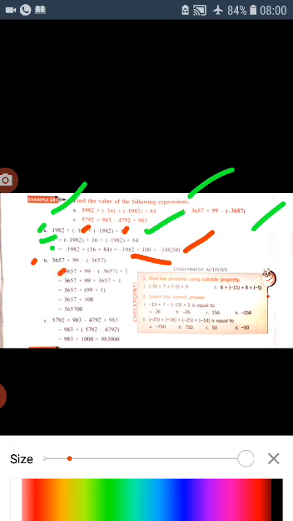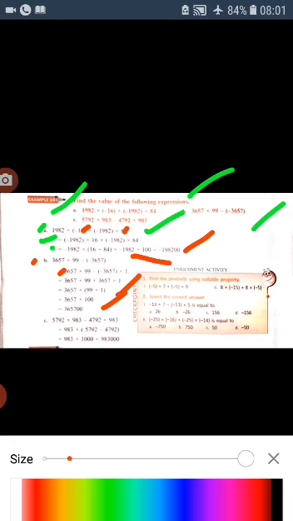Second one: 3657 into 99 minus 3657 into 1. 1 into anything is anything. Now in the multiplication, minus minus is plus, so 3657 into 99 plus 3657 into 1. The common number is 3657, and the remaining numbers are 99 plus 1. What is the value? 100.